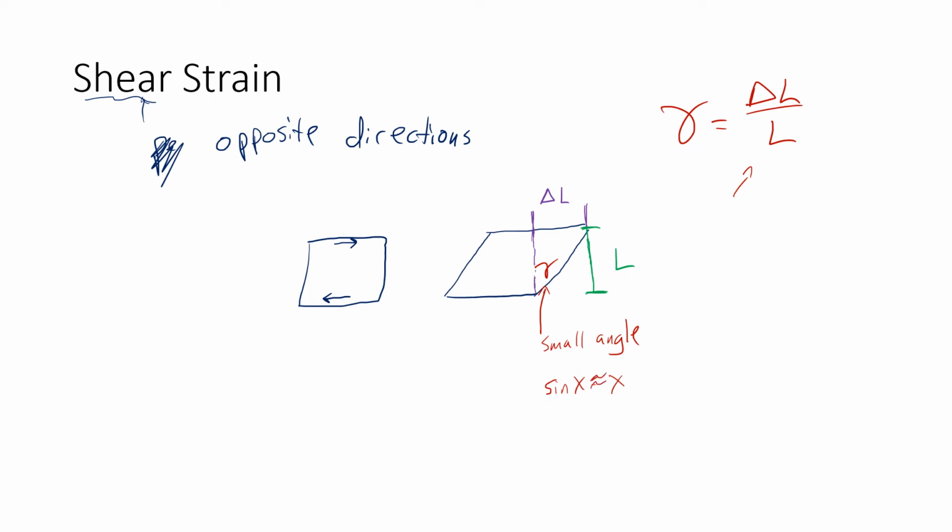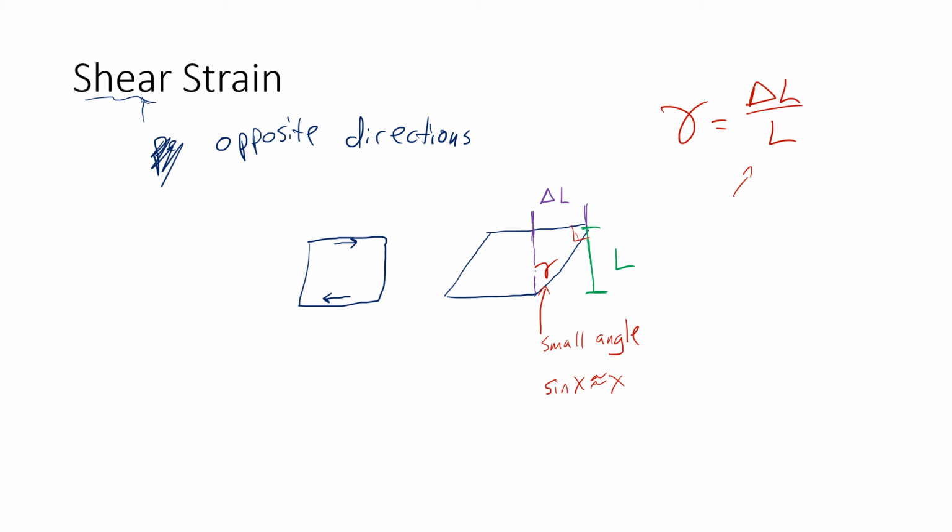This is that infamous trig identity which only engineers and physicists like to use. So if you're not 100% with that, don't worry about it. Just keep in mind that the gamma is related to the angle, but it works the same way as the other ones. So you have a delta L over L. They're perpendicular to each other this time. They're going to be at a 90-degree angle.